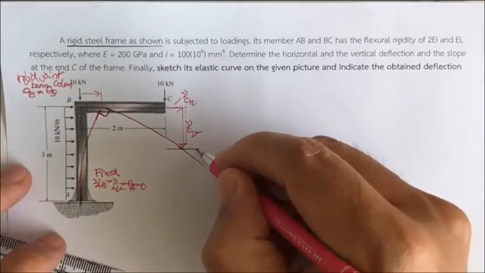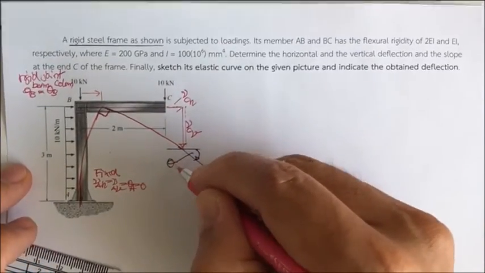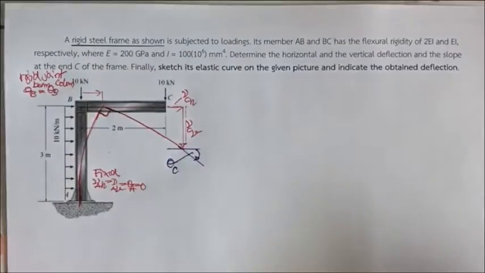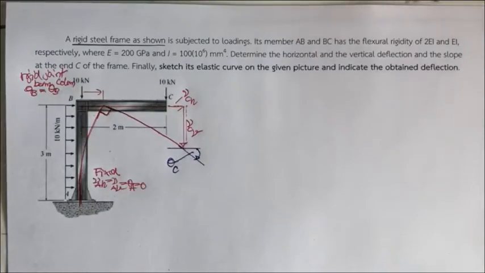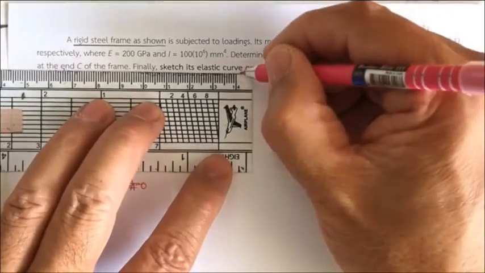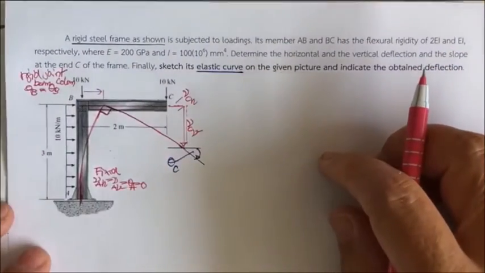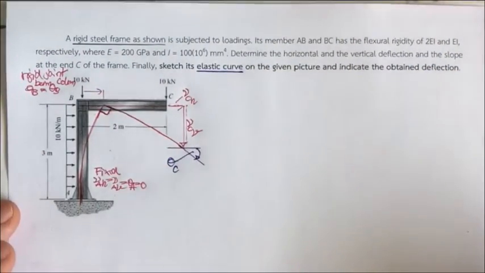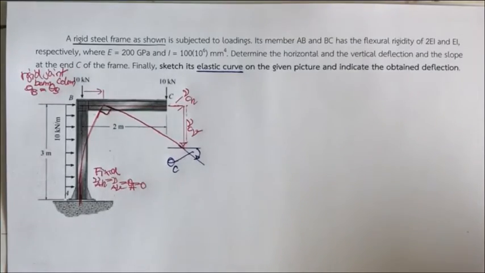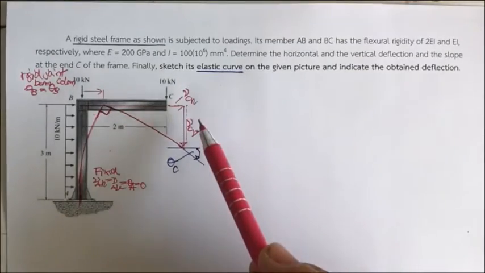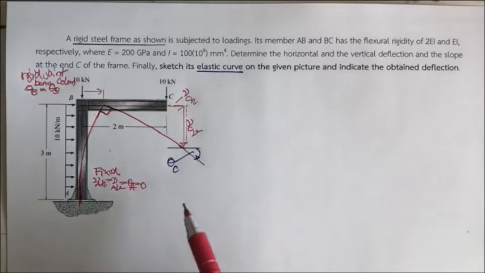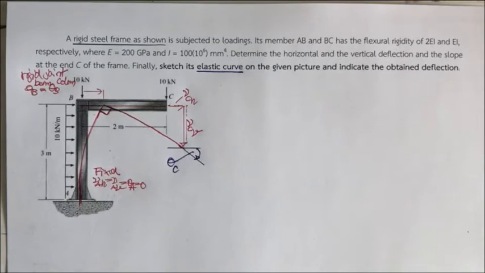This one is theta sub C. This is a primary graph of the elastic curve, okay? And we will refine this elastic curve after we determine the horizontal deformation, the vertical deformation, and the slope, okay?